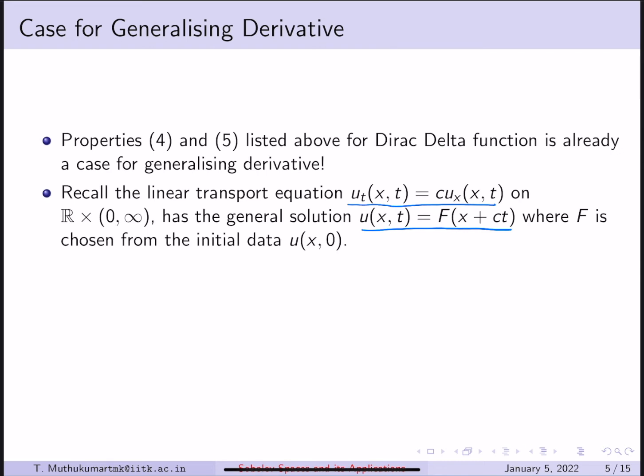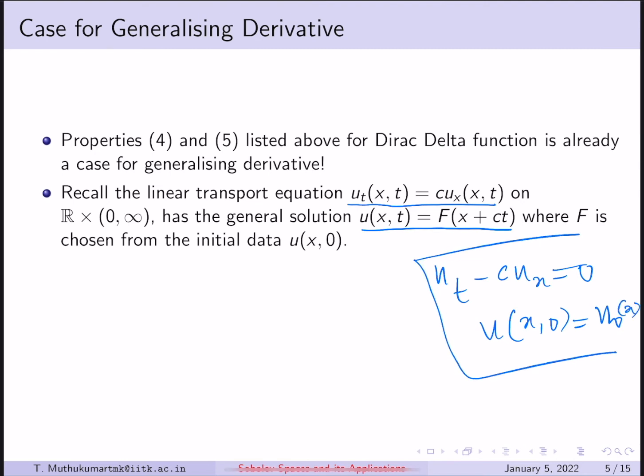So usually you will have u_t minus u_x equal to 0, let's say on the whole real line R, and then you have the initial condition, let's say u naught of x. And then f will become this u naught, the initial data that is given.